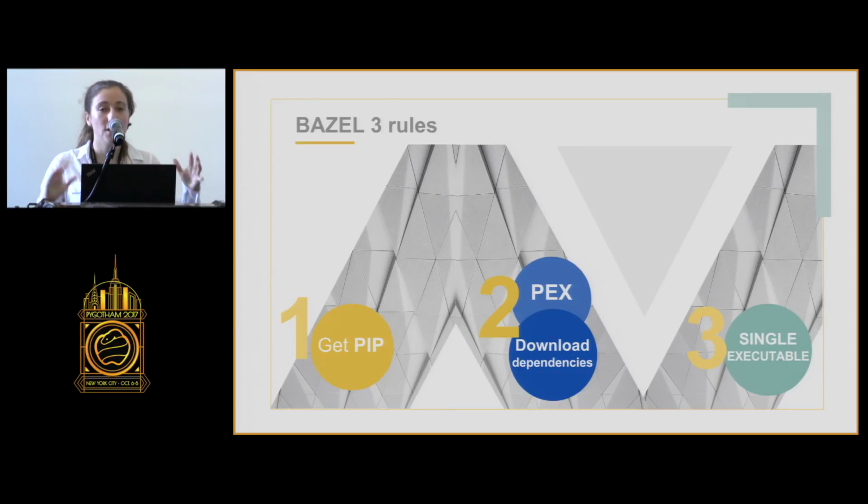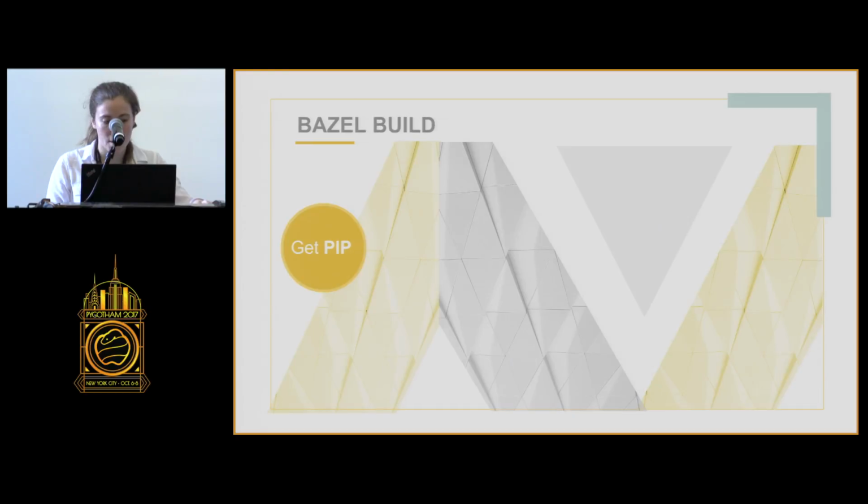So we use that functionality of pex to package all the things that we want into a single executable. And when I say single executable, our Python software just ends up being a zip archive with a fancy main.py file. So then we tell Bazel to build all of this, and we want it to be accurate, repeatable, replicable, sandboxed.